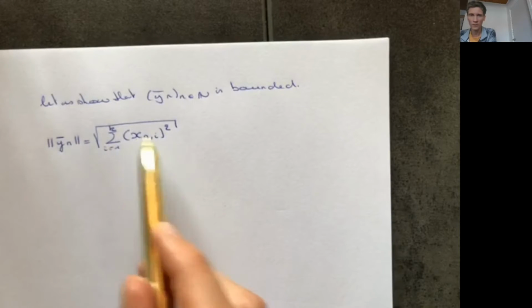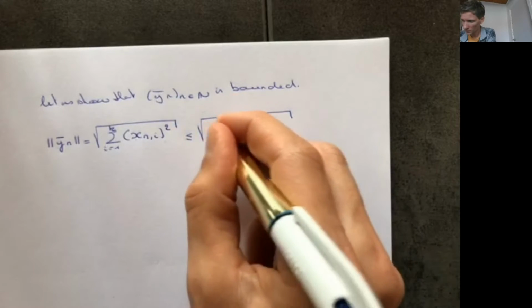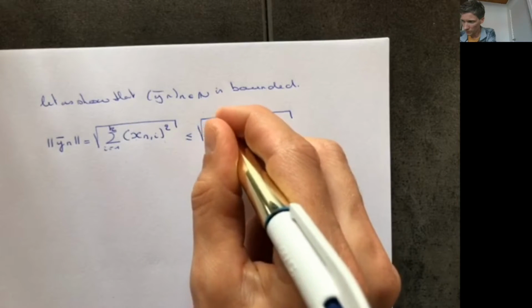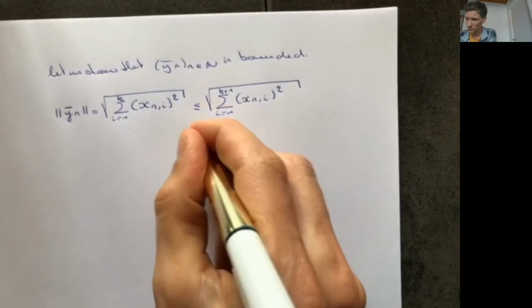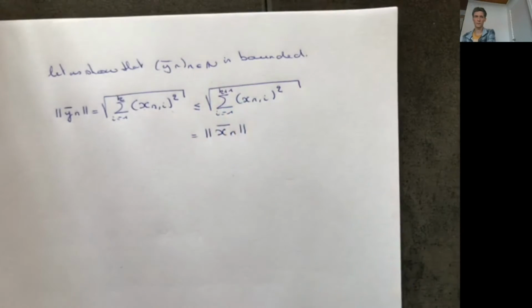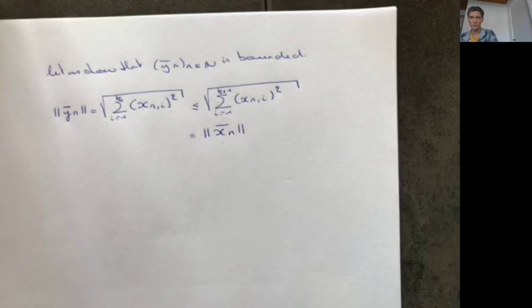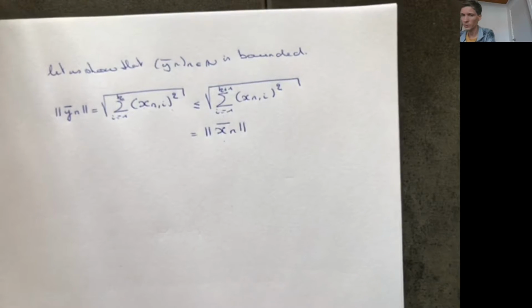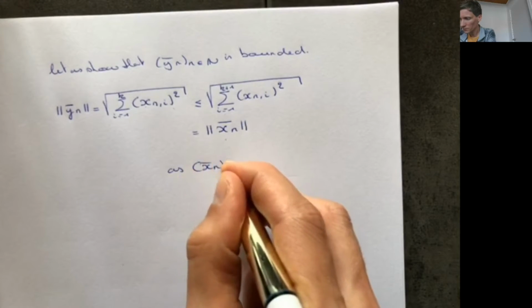If we add the last non-negative term, this can only grow. So we now take the sum from 1 to k+1 of xni squared, and this is the norm of the vector xn. Remember, the norm of xn is simply the sum of the elements squared and then taking the square root.